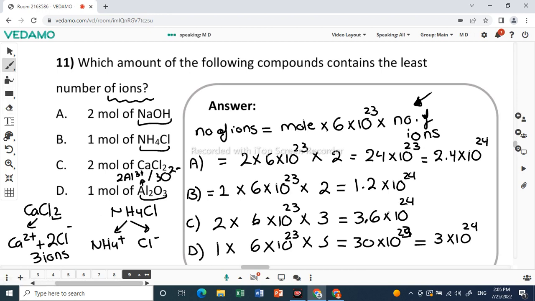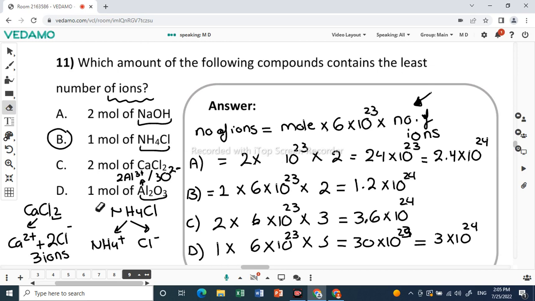So, which of the following compounds contains the least number of ions? Definitely the smallest is B, which is 1.2 times 10 to the power of 24. Here I'm going to help you with something which is so important and will help you in multiple choice questions.